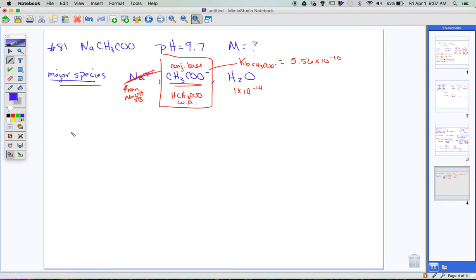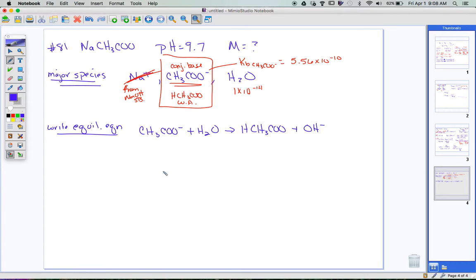All right, so we know it's going to be basic. So the equilibrium that we are working with, write the equilibrium equation. It's basic, so remember to add the water. And then the water will donate the H, and you'll be left with hydroxide. So it does look like a basic.